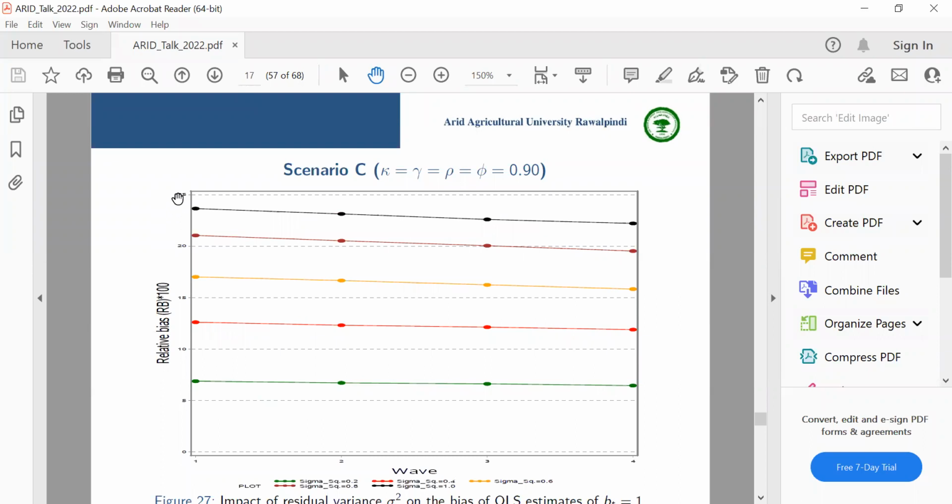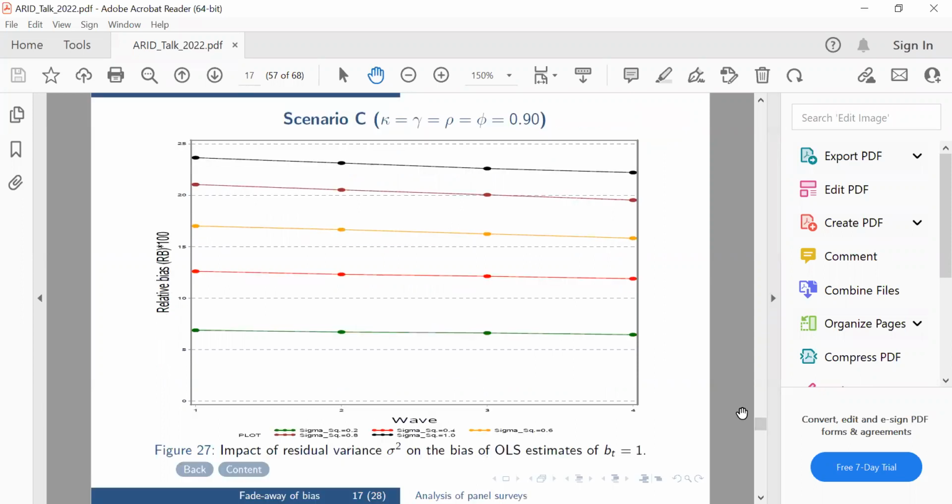So you see that there is no reduction in initial bias. For example, for this black line, it is 25%, and in the second wave it is almost 22, 23%, an almost negligible reduction. So if the stability of the parameter is small, we will expect a reduction in the bias. Otherwise, we will not expect a fadeaway effect.